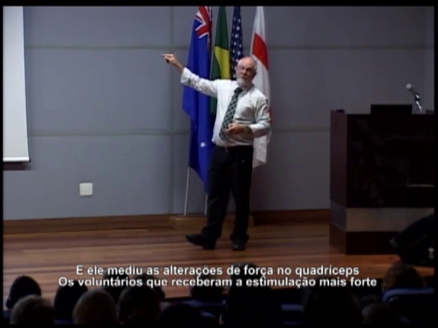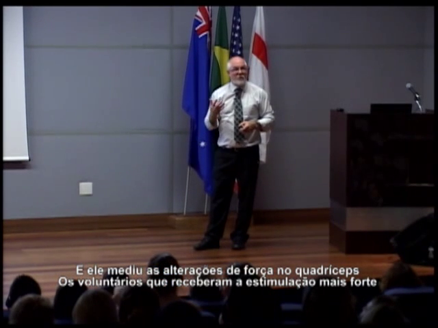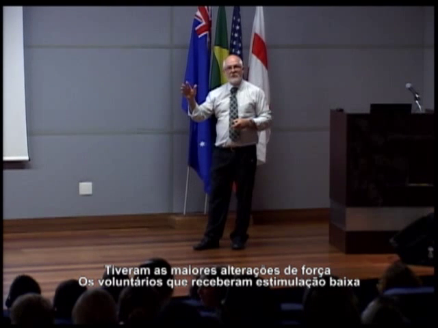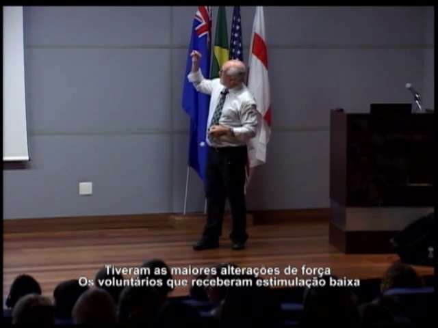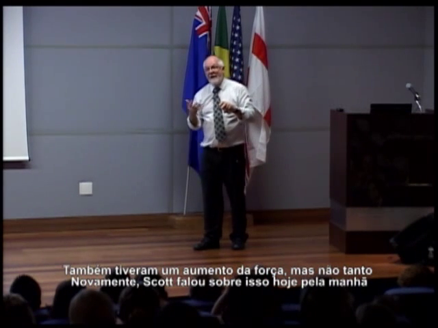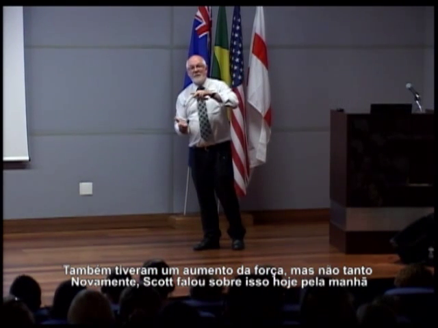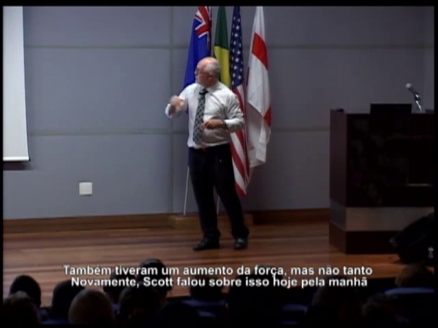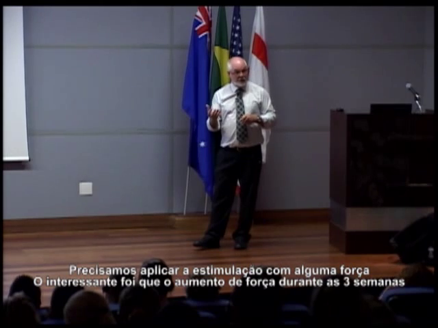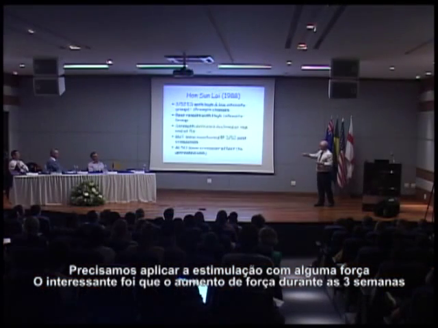The volunteers who get the strongest electrical stim have the biggest change in strength. The volunteers with low electrical stim still have an increase in strength, but it's not so much. And again, Scott mentioned this morning, you need to do electrical stim with some strength, some power.